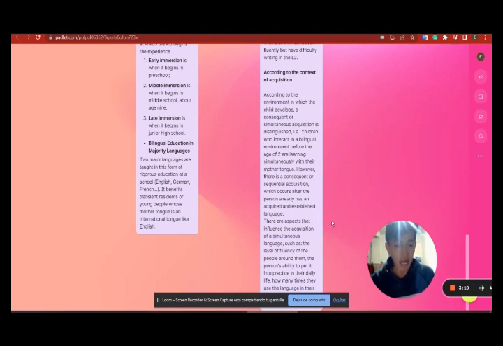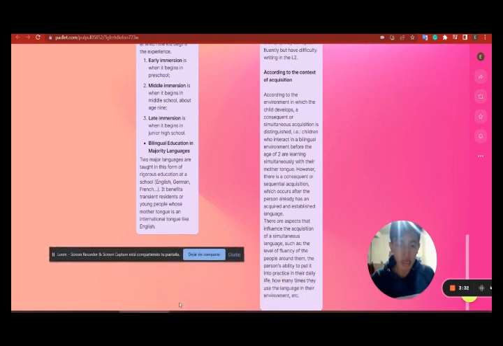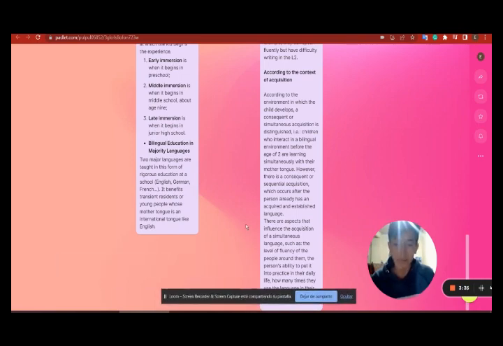There are aspects that influence the acquisition of simultaneous language, such as the level of fluency of the people around them, the personal ability to put it into practice in daily life, how many times they use the language in their environment, etc.